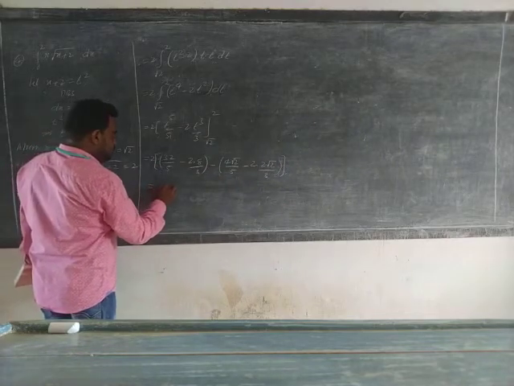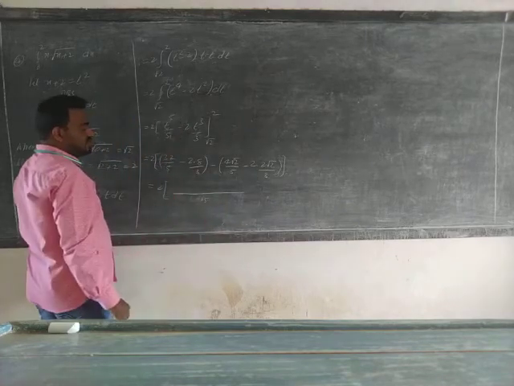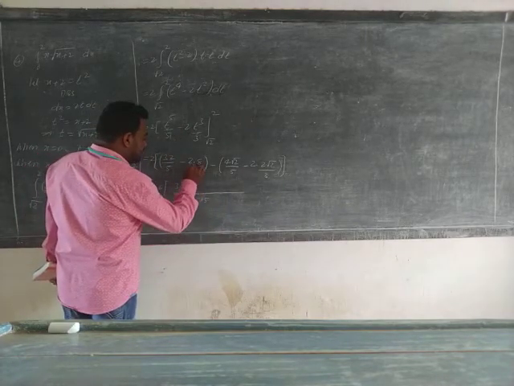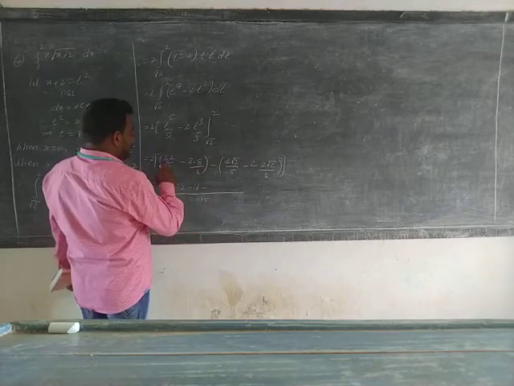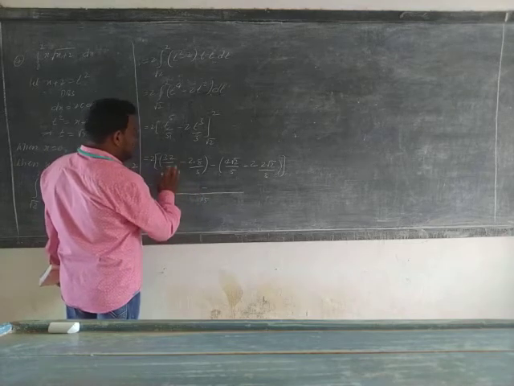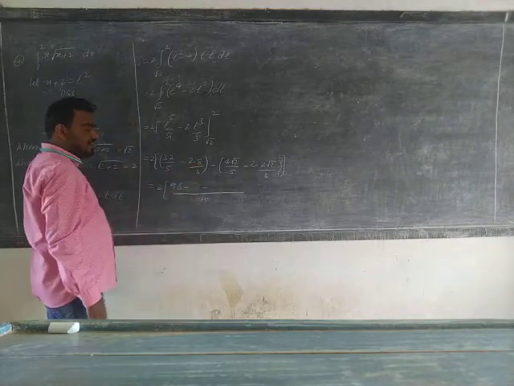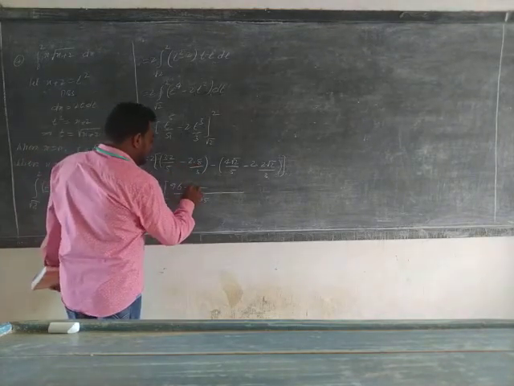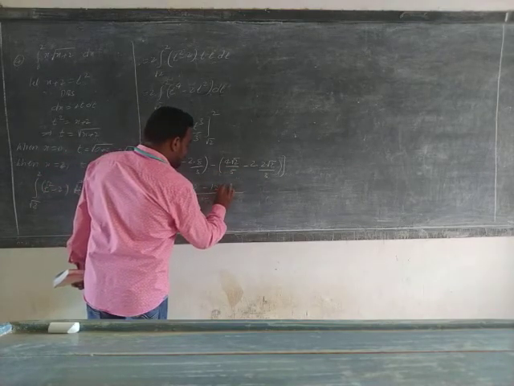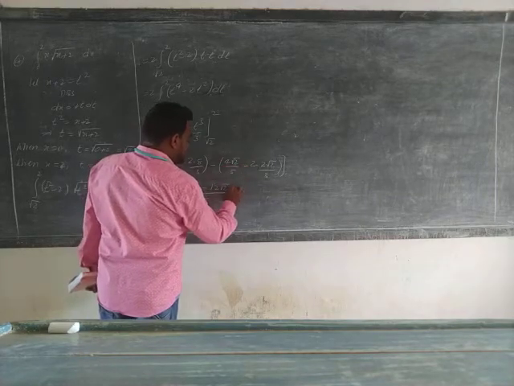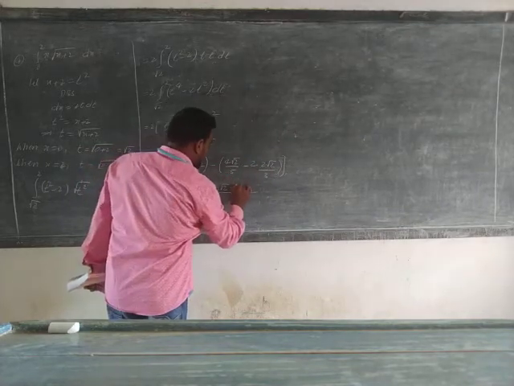This is equal to 2 into, here the total LCM is 15. 32 into 5, 32 into 3, that is 96, minus 2 into 8, 16, 16 fives are 80, minus 4 threes are 12 root 2. Minus into minus plus 2 into 2 is 4, 4 into 5 is 20, 20 root 2.